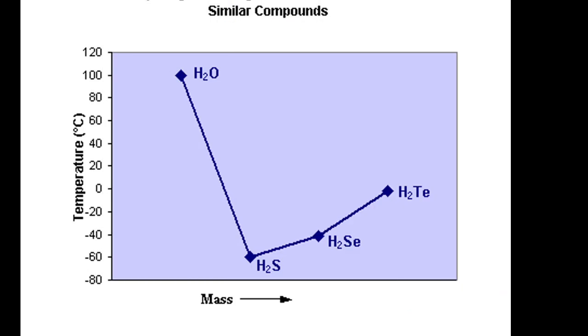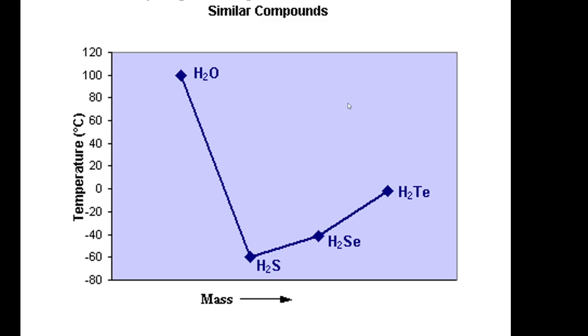So you would think that it would follow the same pattern here, where water, having a lower mass than any of these other compounds, should be down here, right? I mean, follow the line of best fit. It's fairly obvious. So why does it have such a high boiling point in comparison?